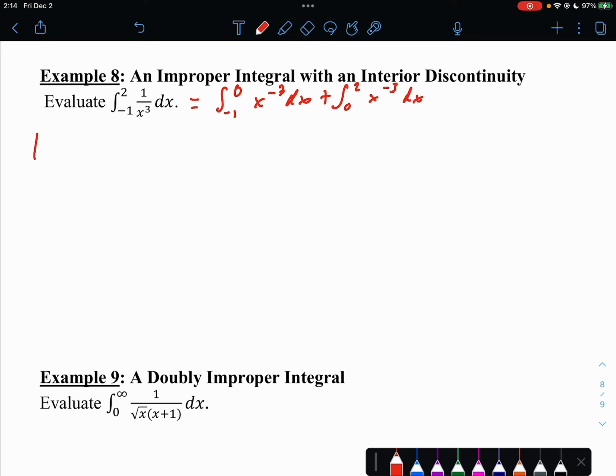So limit as b approaches 0 from the left plus limit as a approaches 0 from the right.